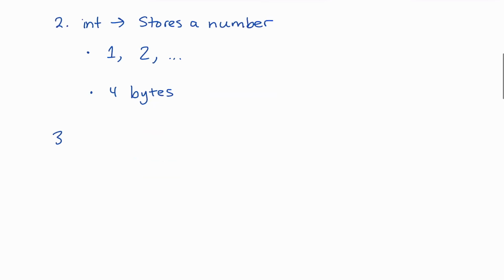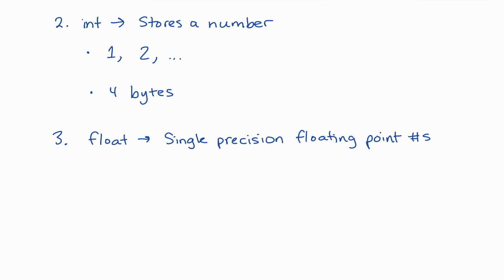Next we have float, used for single precision floating point numbers. In other words, numbers with decimals. An example might be 5.4.